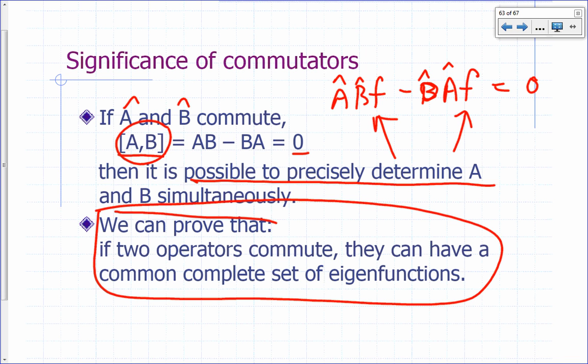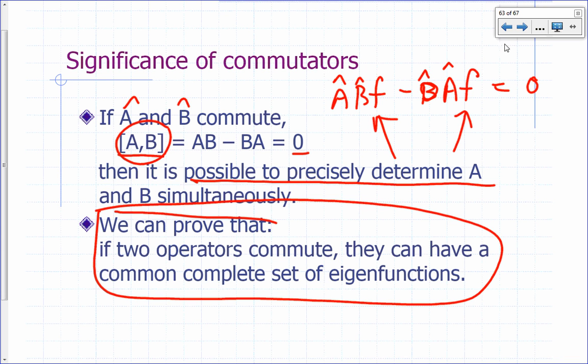So you can find a set of eigenfunctions of A that also happen to be eigenfunctions of B. Remember, if psi is an eigenfunction of A, then measuring A will give you a definite value. If psi also happens to be an eigenfunction of B, then measuring B will give you a definite value. So if you can find a common complete set of eigenfunctions of A and B, then it's possible to measure A and B simultaneously very precisely. Right? Get an exact value for A and B. So that's the significance of commutators.